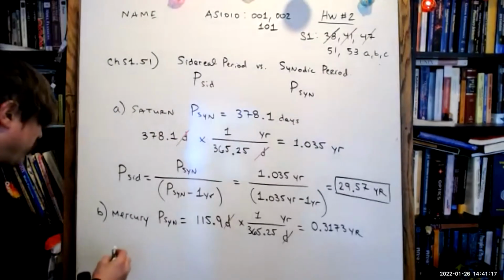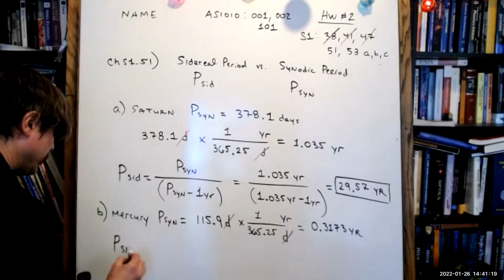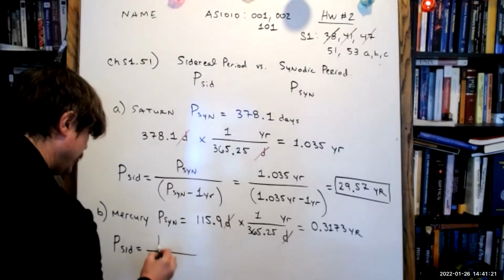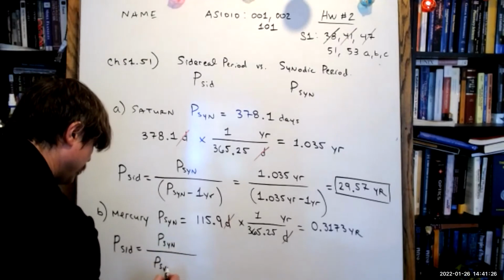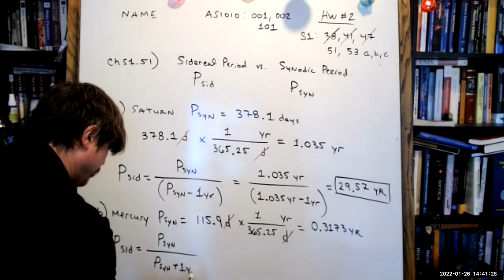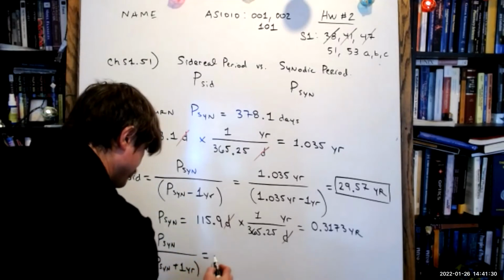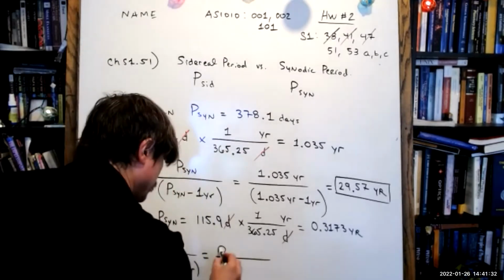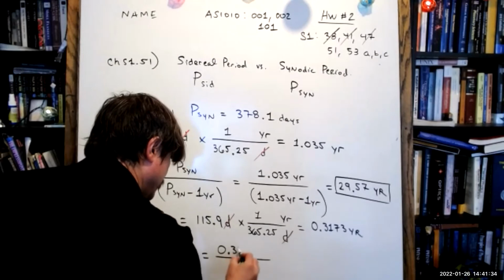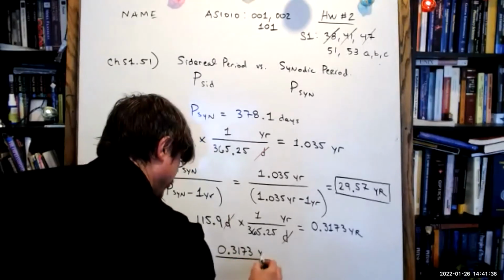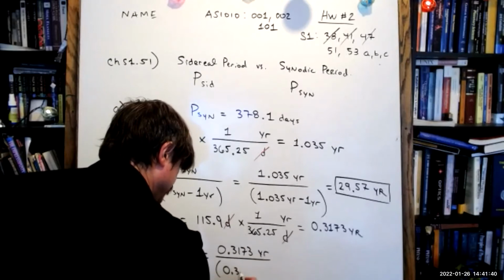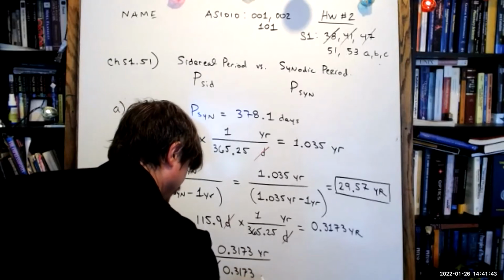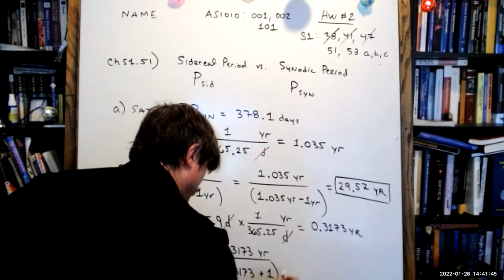Okay, now we plug it into our formula for the inner planets. The sidereal period is the synodic period over the synodic period plus 1 year. 0.3173 years over 0.3173 plus 1.